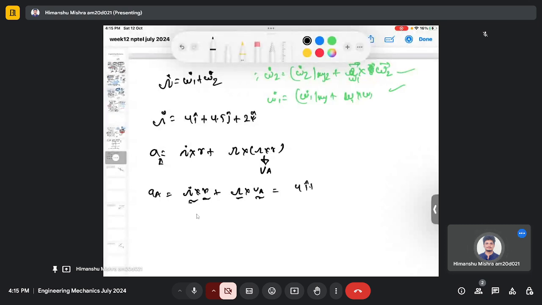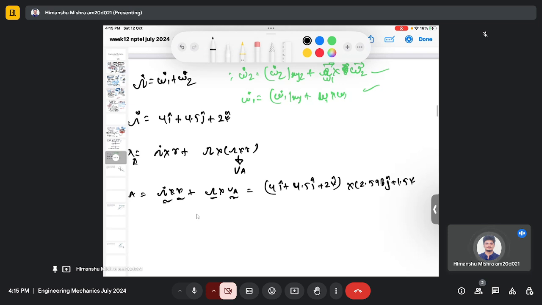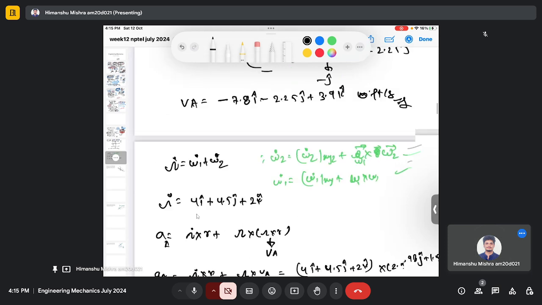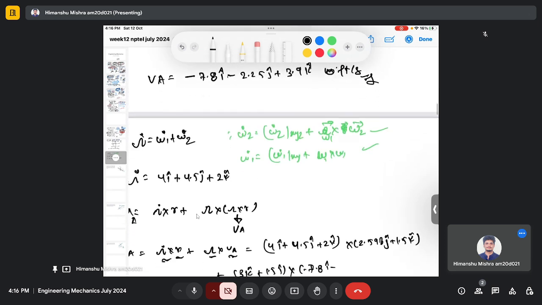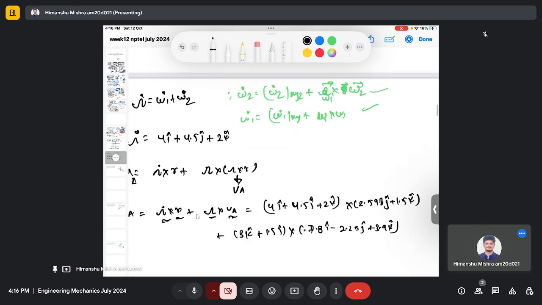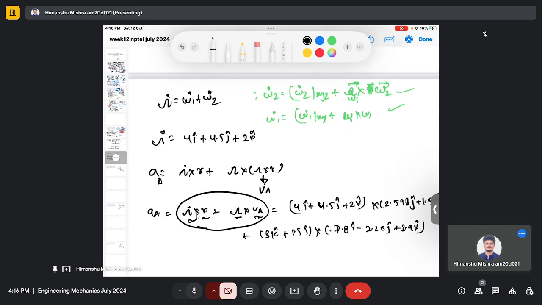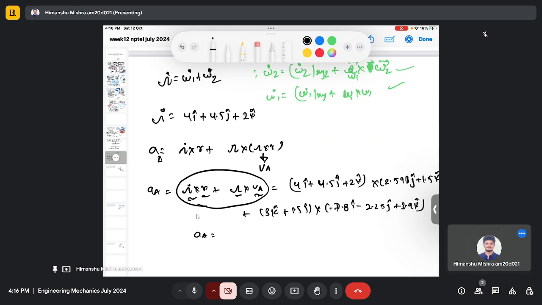So this is 4i plus 4.5j plus 2k cross 2.598j plus 0.5k plus 3k plus 1.5i cross product with the velocity we have found, which is minus 7.8 minus 2.25j plus 3.9k. So just substituting all these quantities into the formula, we have got this, and now all that is left is to calculate the quantities.